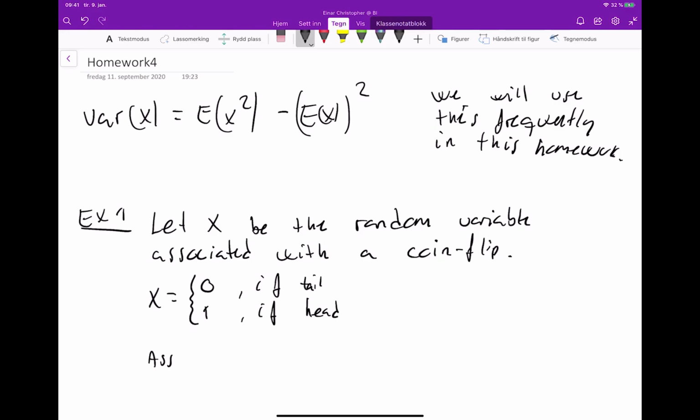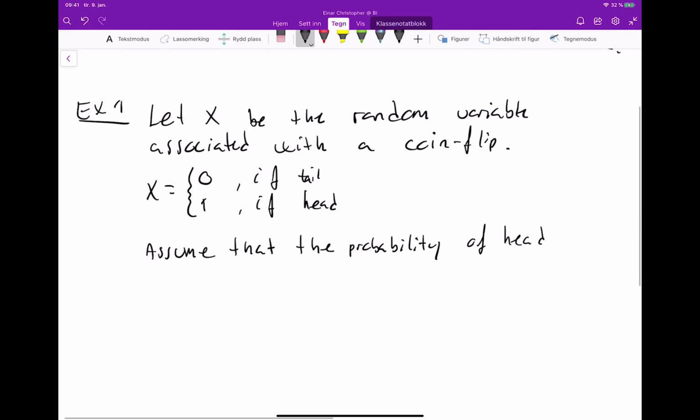Assume that the probability of head, the probability of x equal 1, is equal p.